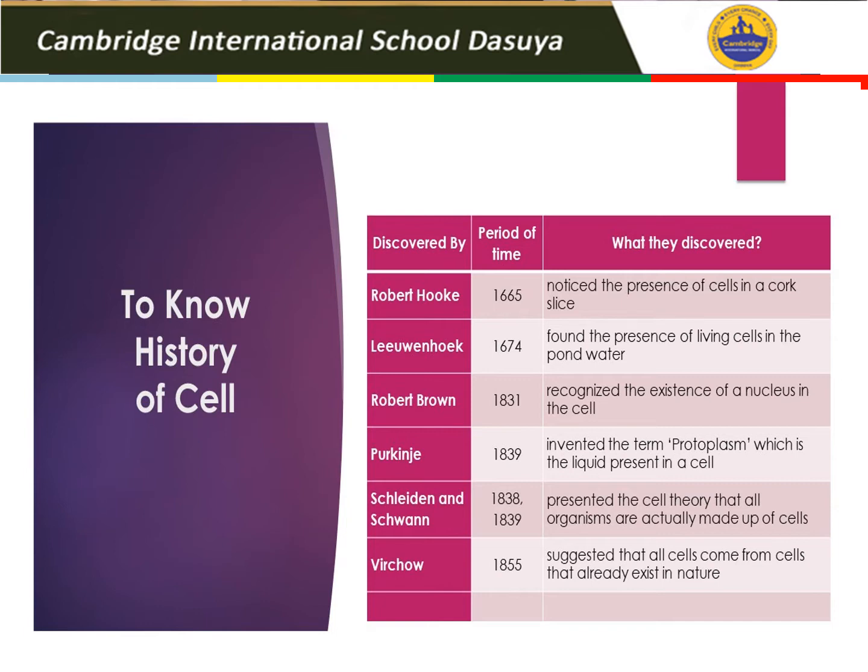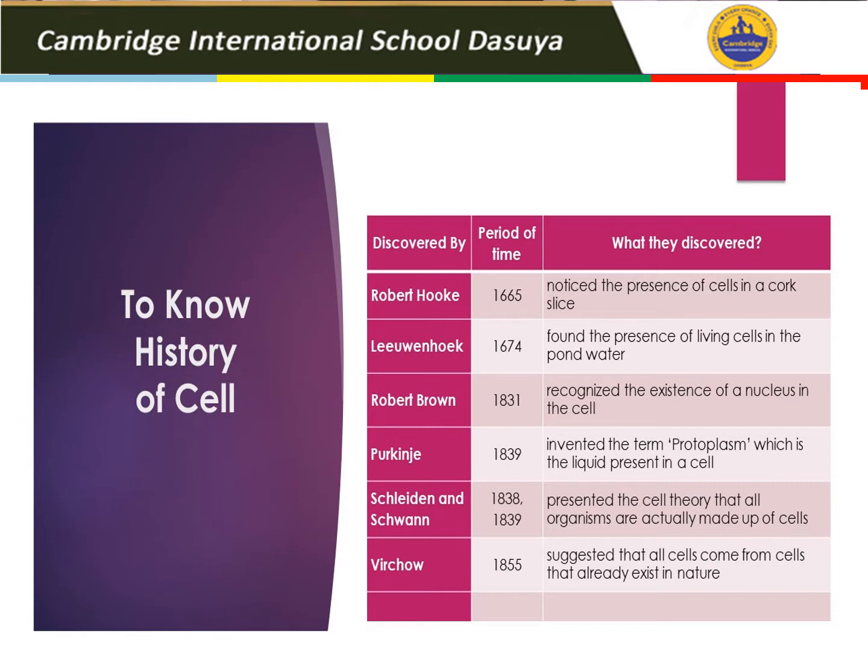The cells seen by Hooke were all dead cells, and they had only empty spaces surrounded by a cellulose cell wall. Then Leeuwenhoek in 1674 recognized the presence of living cells in pond water. He used a homemade microscope with improved magnification. Later, in 1831, Robert Brown described the nucleus in the cells of roots.